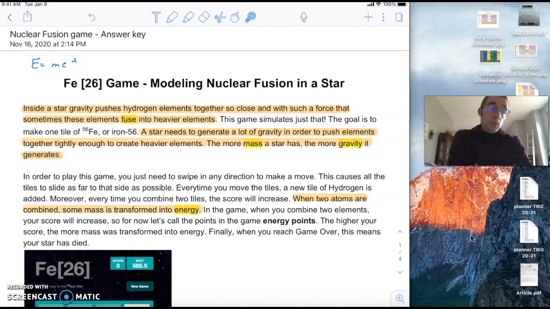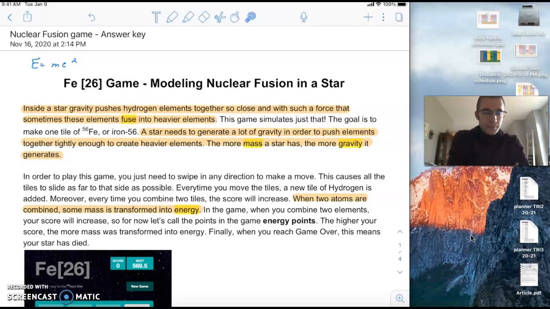One thing we need to discuss is the idea of E equals mc squared, Einstein's famous equation, and how it relates to stars in astronomy. The E stands for energy, M stands for mass, and C is the constant for the speed of light.